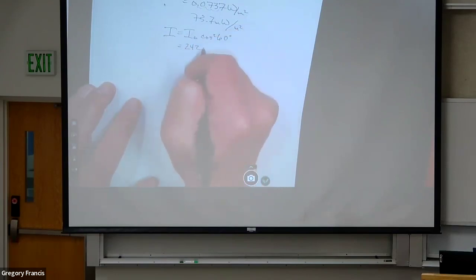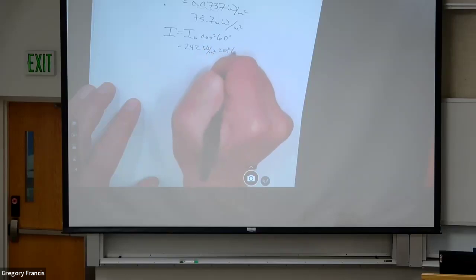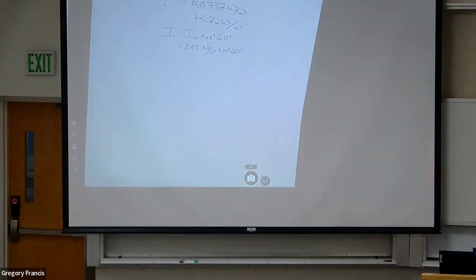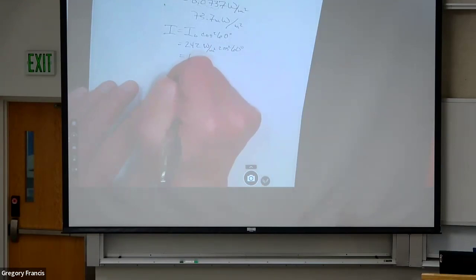Okay, so if I do 242 watts per meter squared times cosine squared of 60 degrees. Now I hit 60 cosine squared, that's 0.25 times 242 equals 60.5 watts per meter squared.